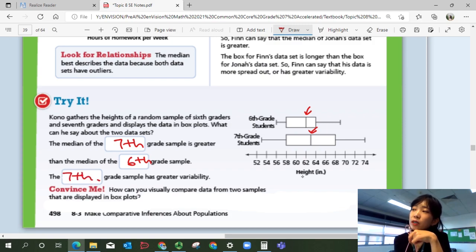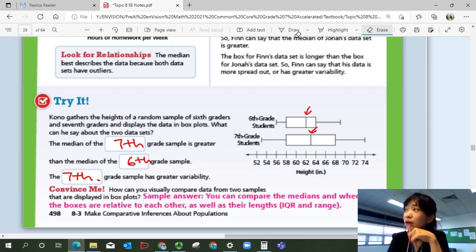So how can you visually compare data from the two samples that are displayed in box plots? You can compare the medians, and you can see how the boxes are spread out, and compare the boxes from each other, and you'll be able to compare and contrast.